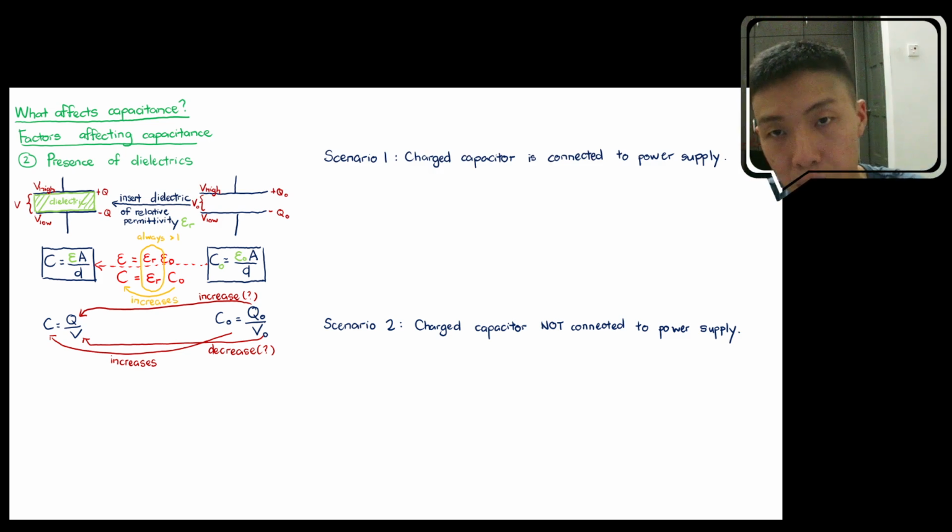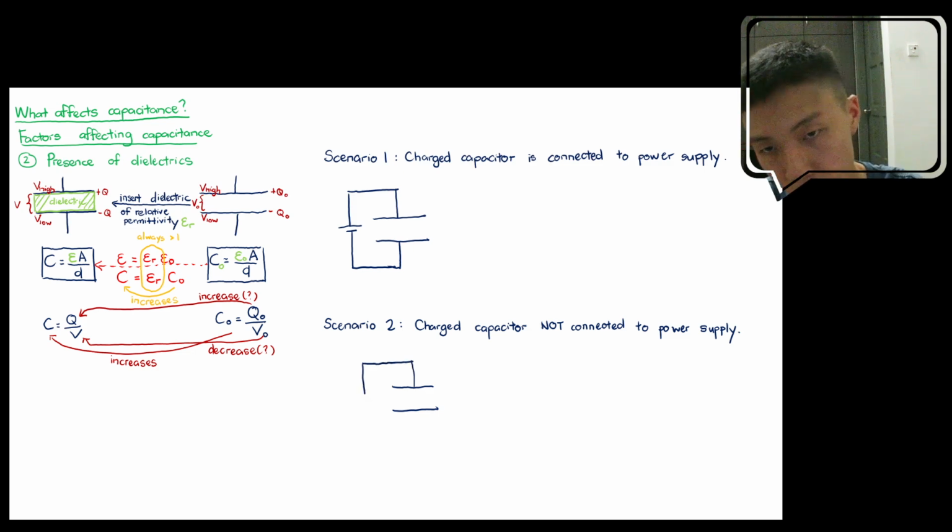This capacitor here is connected to a battery. We ignore the resistor for now because the resistor is only important in the third section. This one is not connected to the battery, not connected to a power supply. So I'll assume that it's not connected to anything, and I'll just leave that space blank to indicate that.